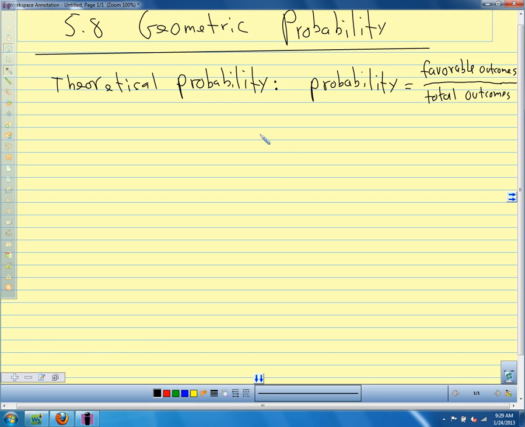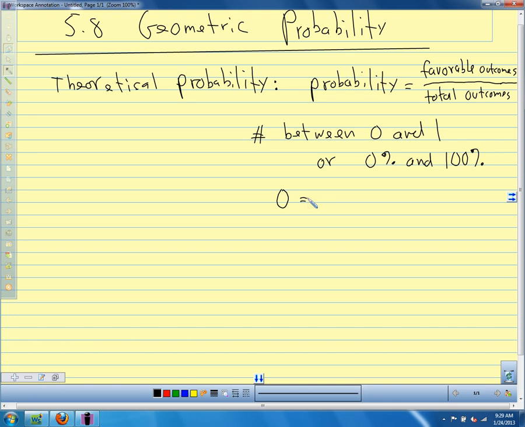We said that the probability was a number between 0 and 1. Or if we change it to percents, between 0% and 100%. We usually wrote our number as a fraction, but we could also write it as a decimal. And we said that if we had a probability of 0, what did that tell us about whatever we're looking at?